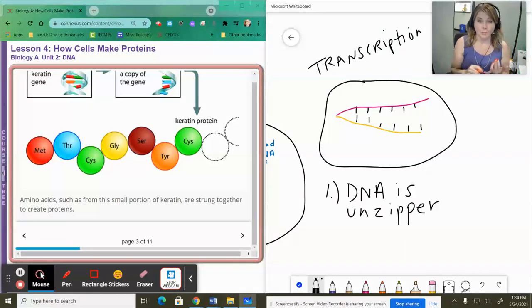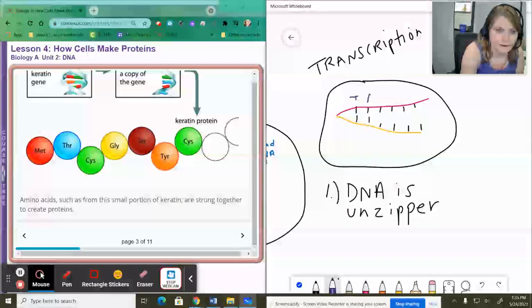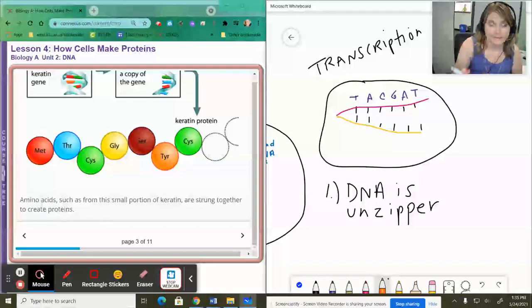Only one strand of the DNA is read. So let's look at the strands. Remember, we have T, A, C, and G. And the complementary strands, remember the opposite side of DNA doesn't exactly match, it complements.